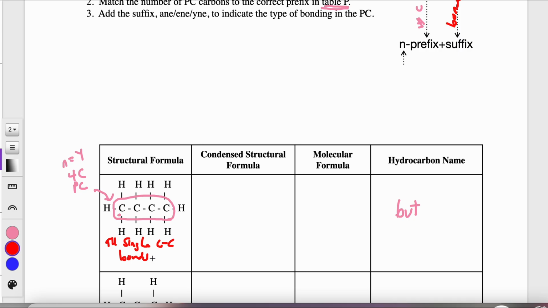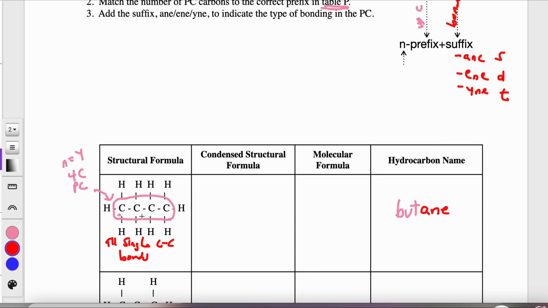And because it is single, we would use the ending ane. Okay, so the suffix, the ending is either going to be ane, ene, or yne, because we have a single, double, or triple bond present. So this structure's name would be butane. This is the liquid in lighters. This is the fluid in lighters.